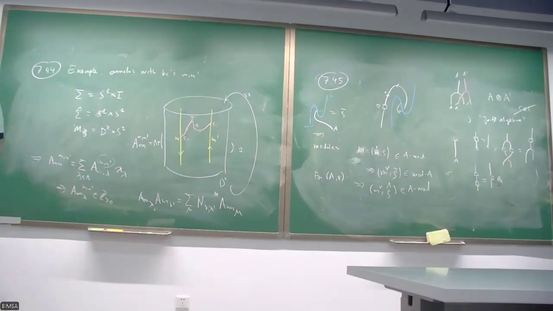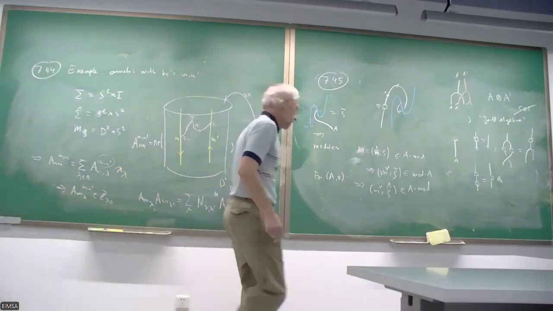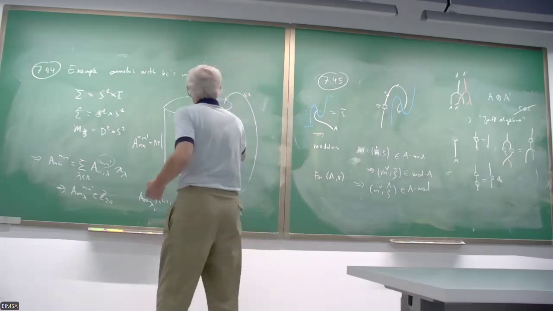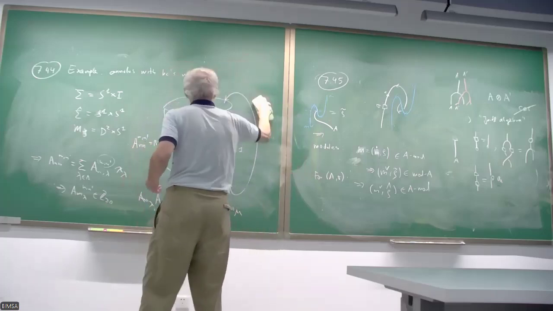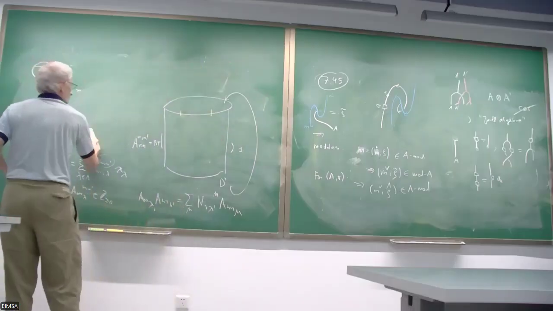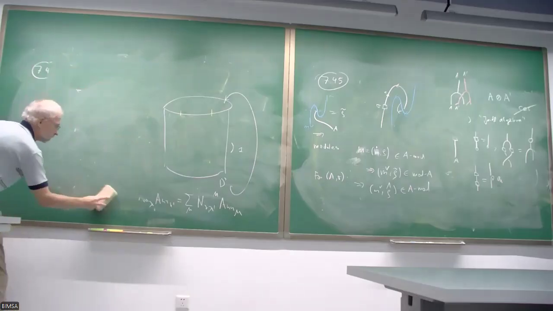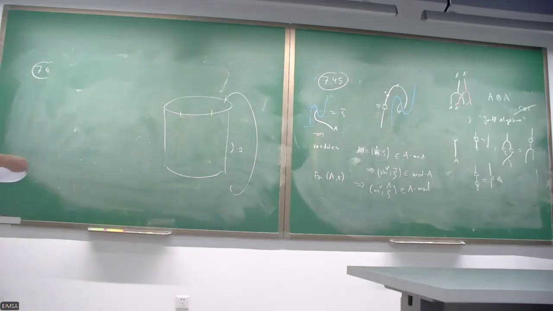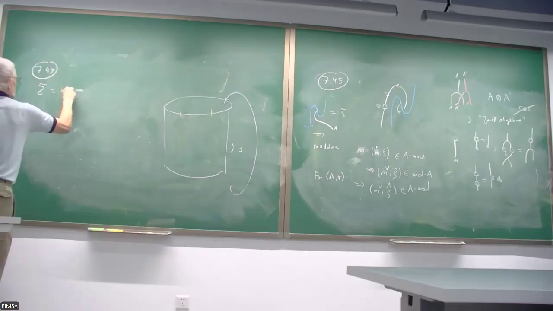Let me just give you one example, and this is the Klein bottle. Take sigma equal to the Klein bottle.